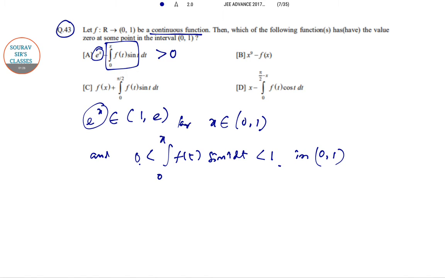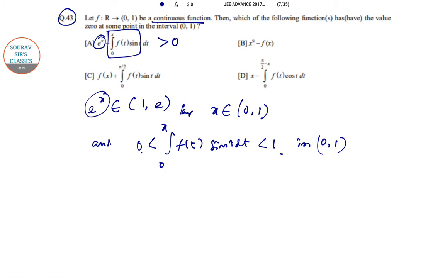Next is the second option, that is x to the power 9. We can take h of x as x to the power 9 minus f(x).